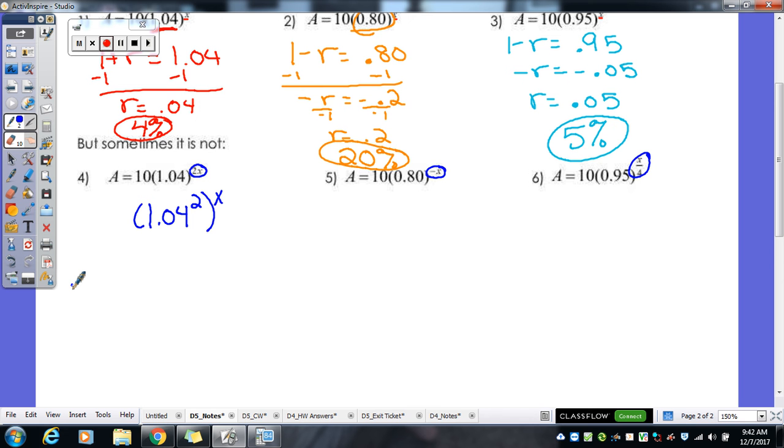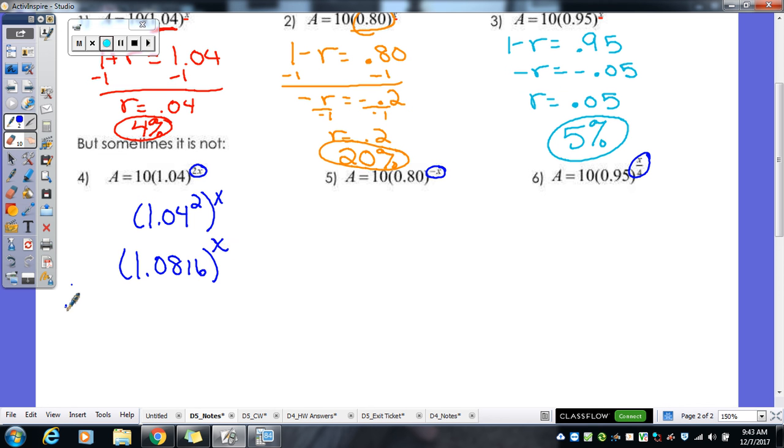And in our calculator, we need to actually figure out what is 1.04 squared. And that's to the x power.